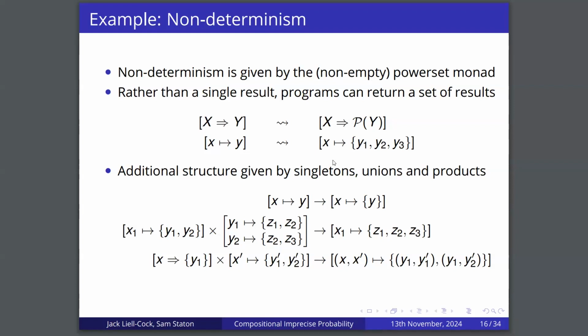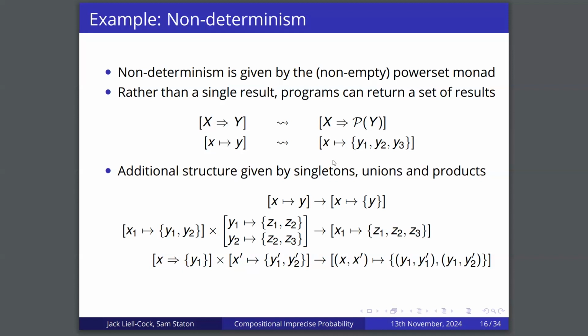Now when we have a program x to y, we would usually consider that as given an x, it will return a y. What we can instead do is say, given an x, I can return multiple y's. So given an x, instead of just returning a single y, I can return a subset of whatever the y's are.